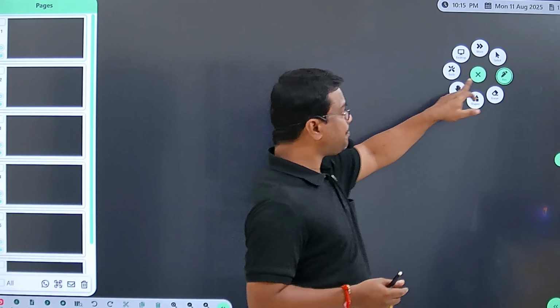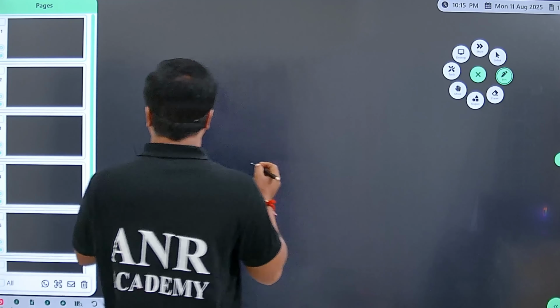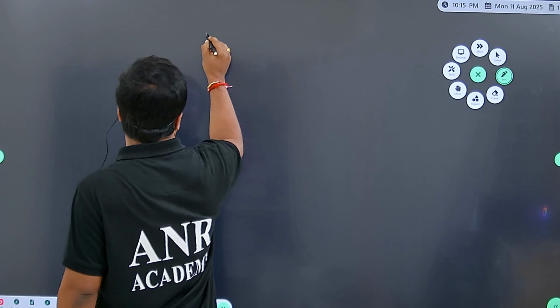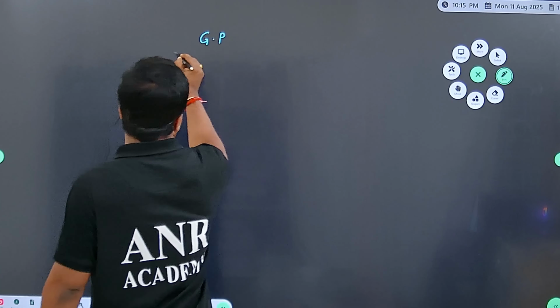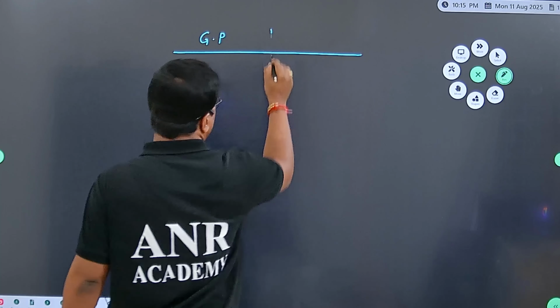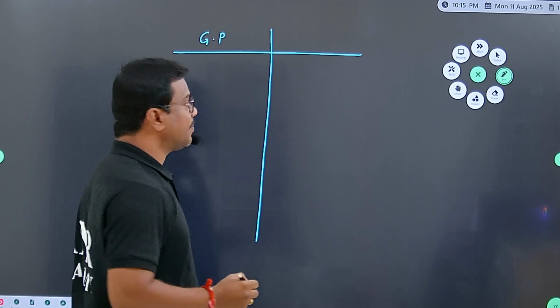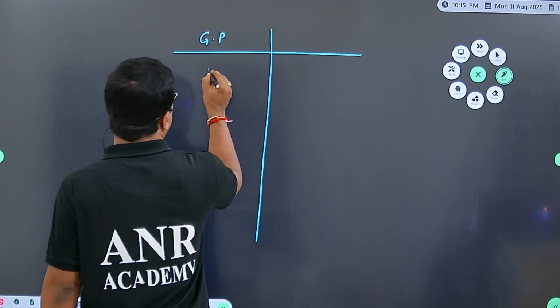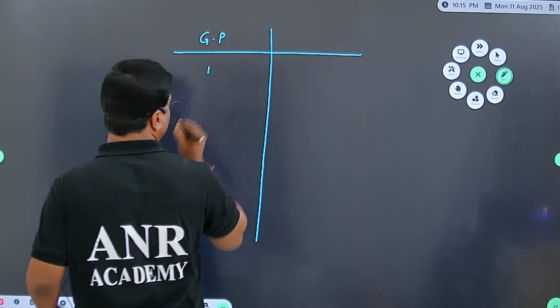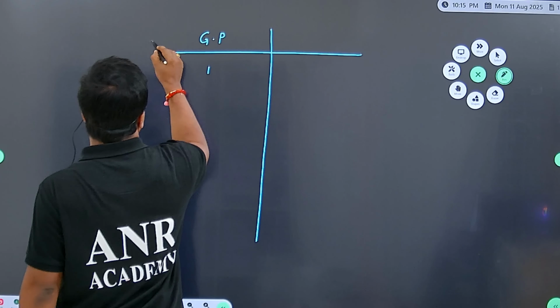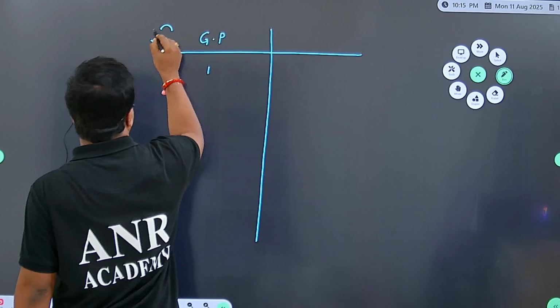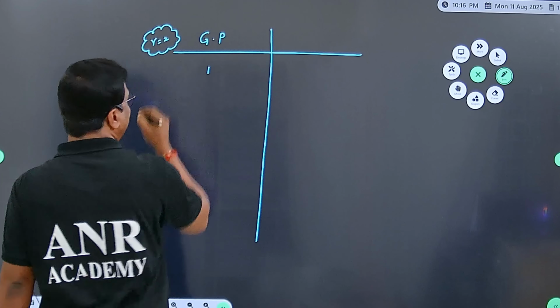Suppose that I am going to select a sequence of numbers which are in geometric progression first. I am going to start with 1, with common ratio 2, and write the remaining entries.